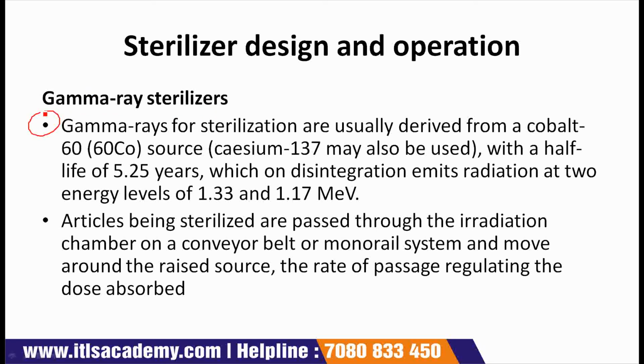First point is, gamma rays for sterilization are usually derived from a cobalt-60 source, that is, in short, 60 Co. Here, cesium-137 may also be used as a source for gamma ray sterilization.